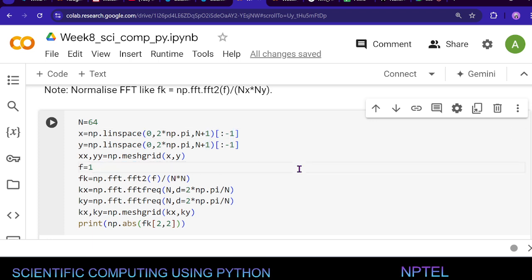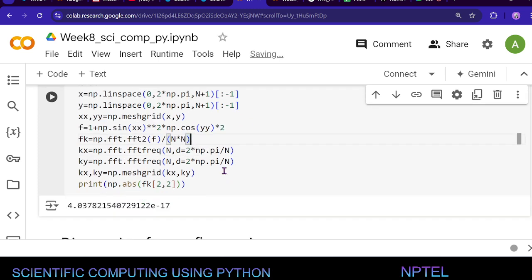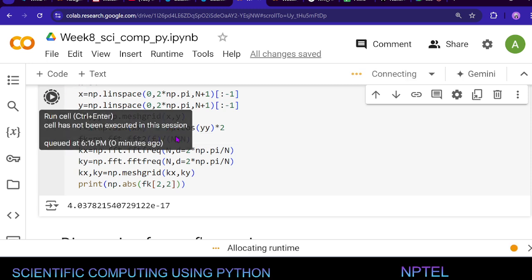Function will be 1 plus np.sin of xx square times np.cos of yy square, and the rest of it should be okay. Let's just run this.